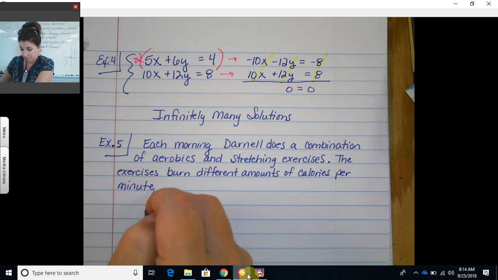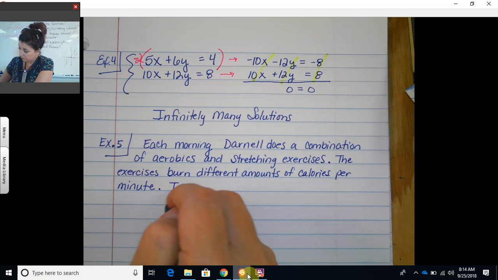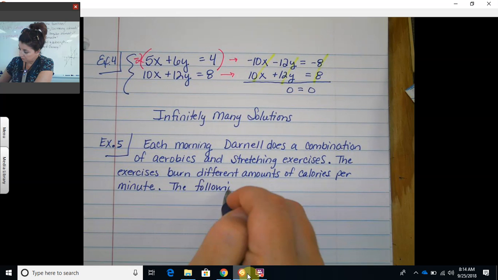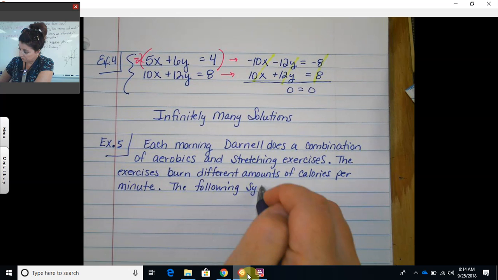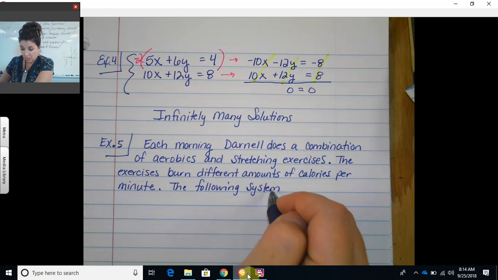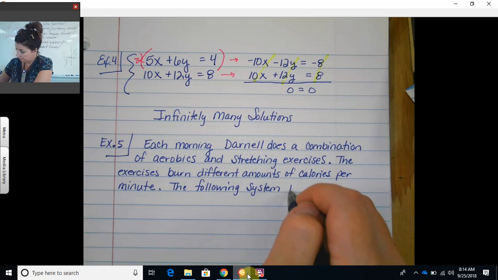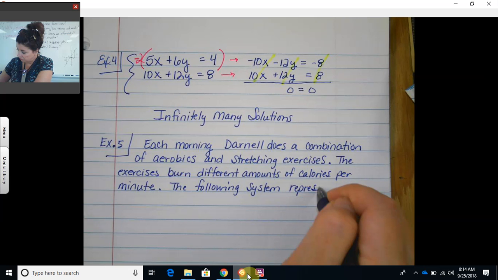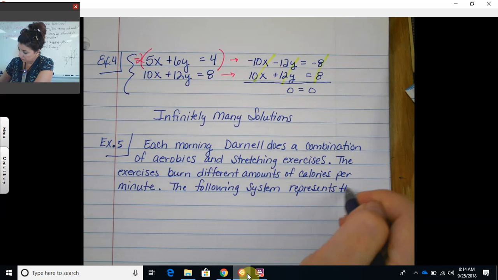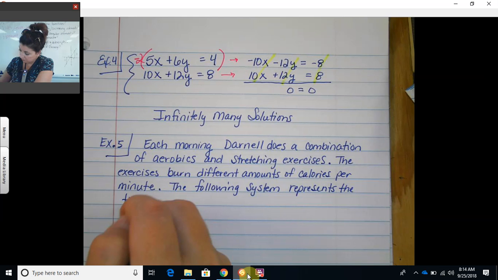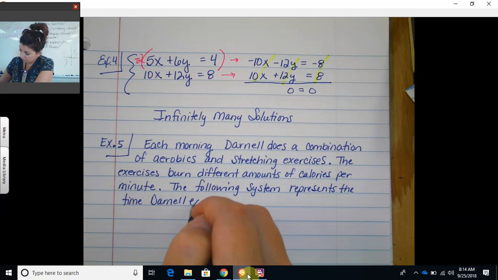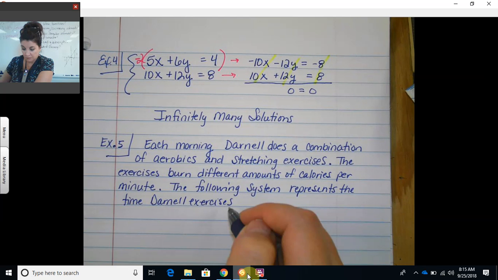The following system represents the time Darnell exercises and the amount of calories burned.